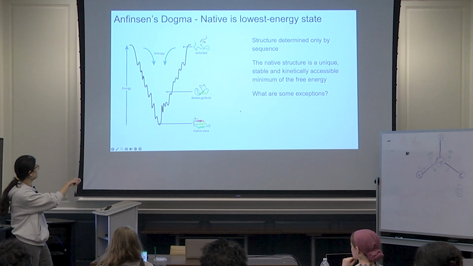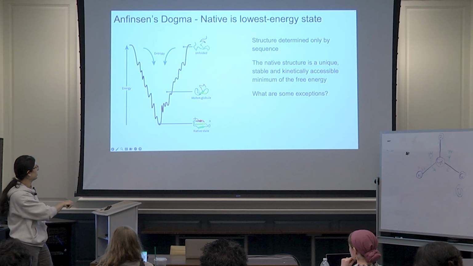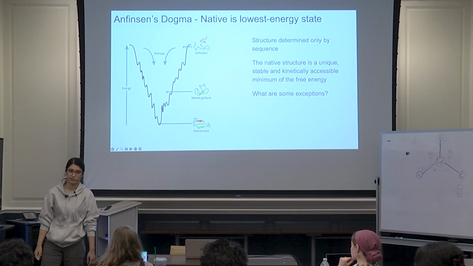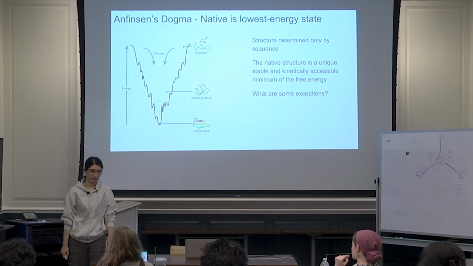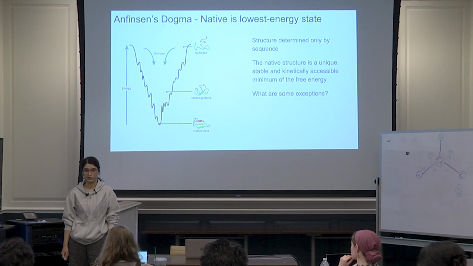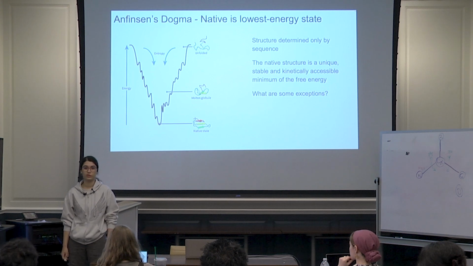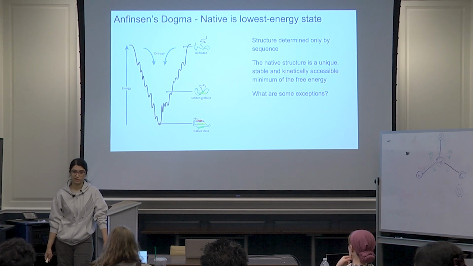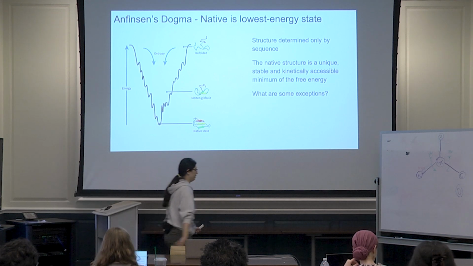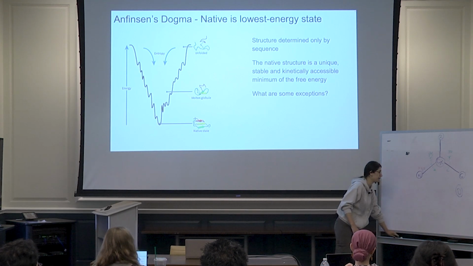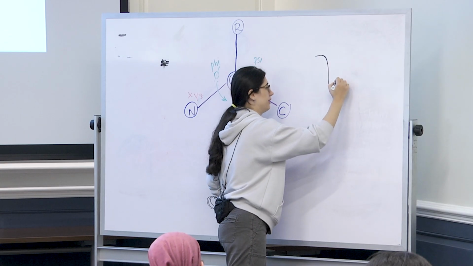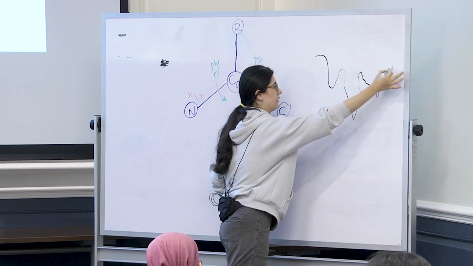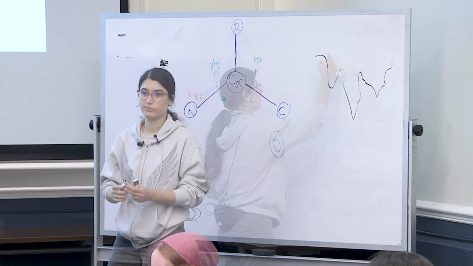So according to this definition of native state, where you're at the lowest energy conformation, can you think of there being multiple native states? So can you have two lowest energy conformations? Just to repeat that, actually let me draw that out really quick, perhaps we're thinking of something like that.